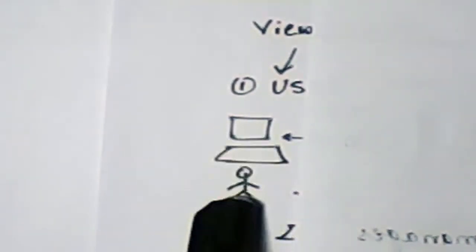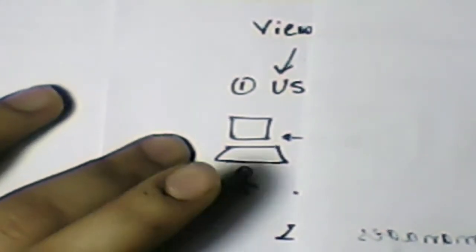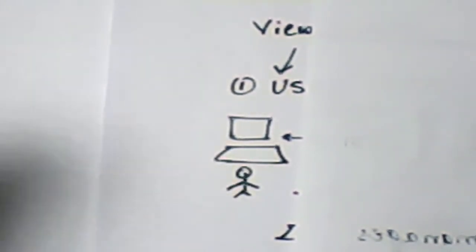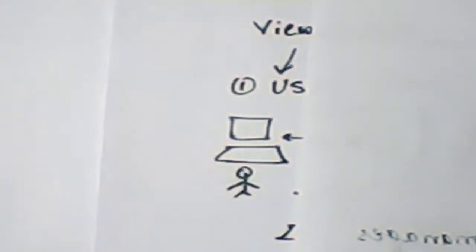So what is happening when it is trying to interact? The user thinks that it has all the resources, all the memory, all the processor for itself, and he can utilize it the way he wants. So this is one user point of view.